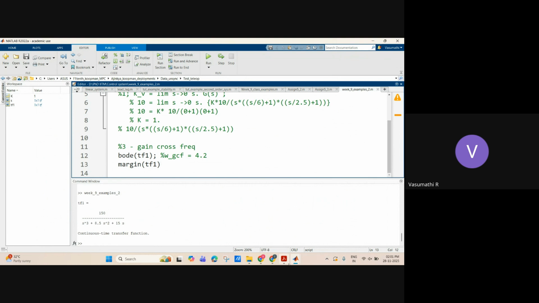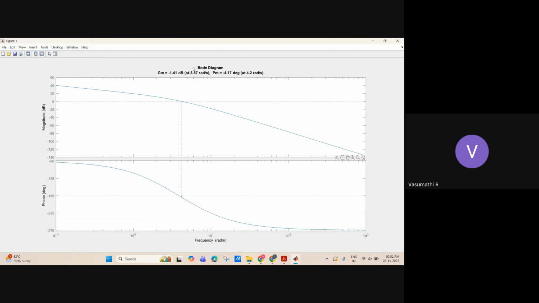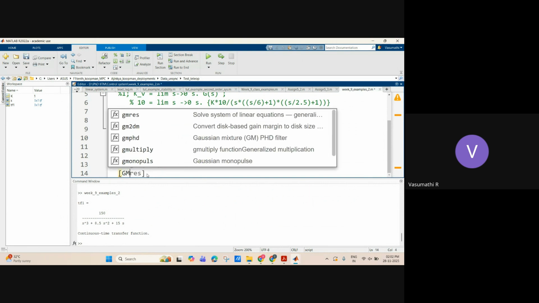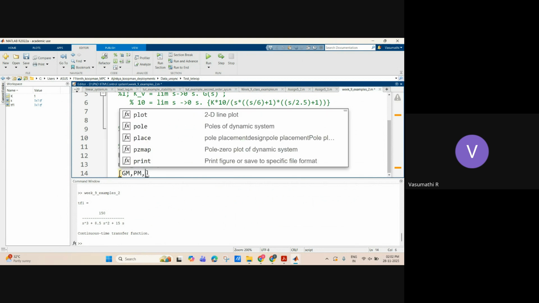Margin, it is given here, gain margin and phase margin will be mentioned here. If you put margin along with the Bode, you will get gain margin and phase margin instead of doing all this stability margin here. Other than that, if you want to directly get that from here, you have to assign this. It is a kind of array that you can assign: gain margin, phase margin.